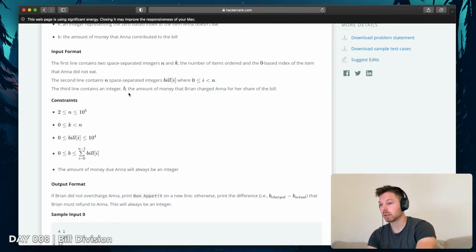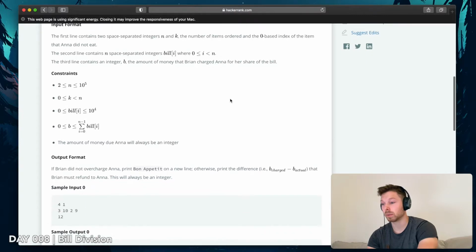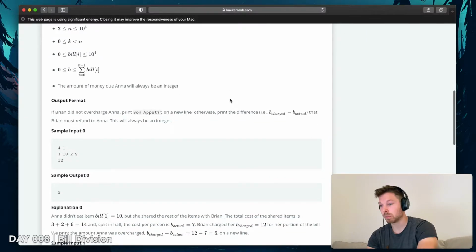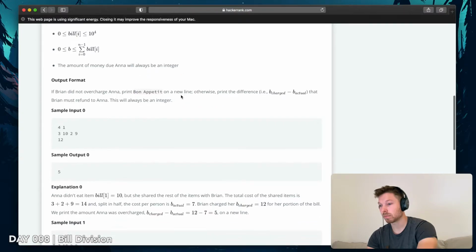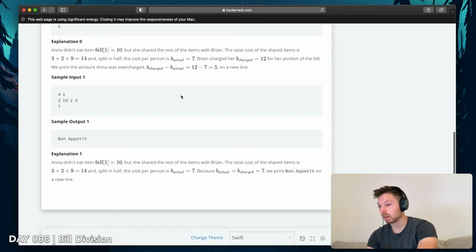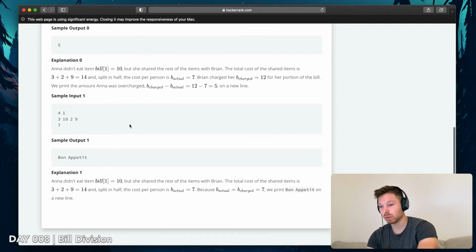The third line contains an integer B, the amount of money that Brian charged Anna for her share of the bill. Shouldn't we return bill? So then, bon appetit. Okay, is that the print statement we should do?